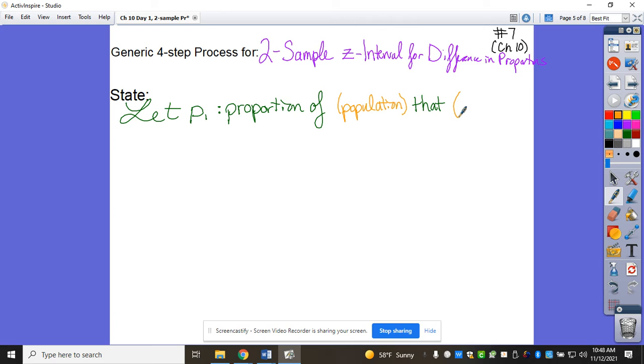so what would be a good word to put here? So I could define population 1 and population 2 separately. I might want to write this population 1.